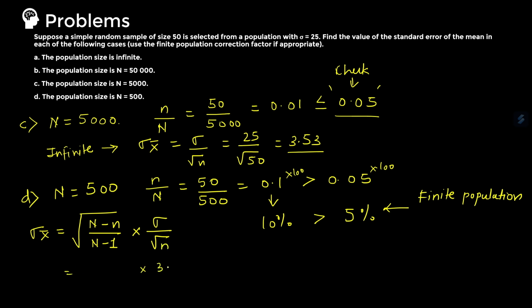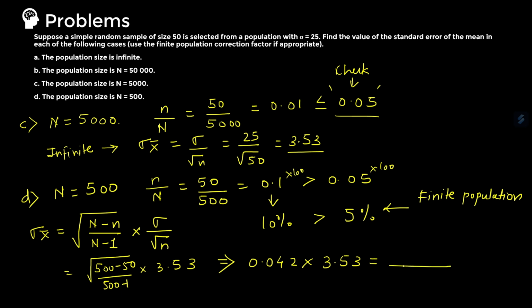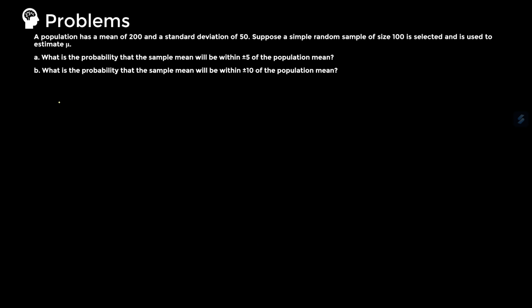So we know this is 3.53, sigma by root n, but we don't know about this, so we will calculate this. 500 minus 50 over 499, that is 0.042, multiplied by 3.53. So the answer comes in around 0.15.